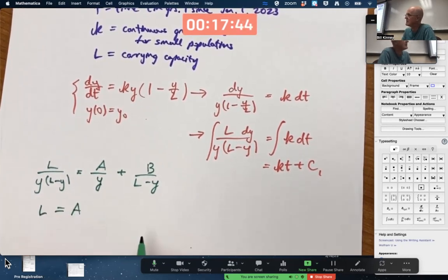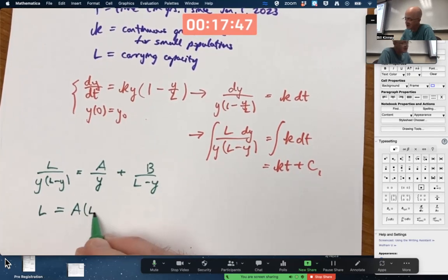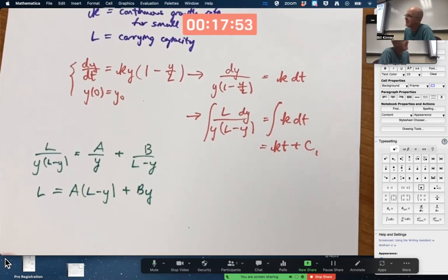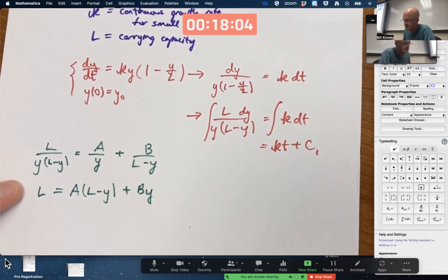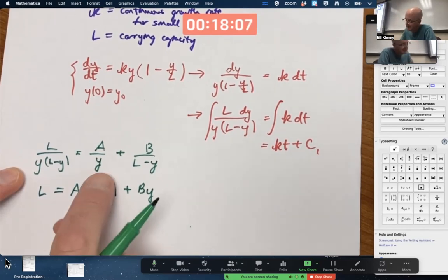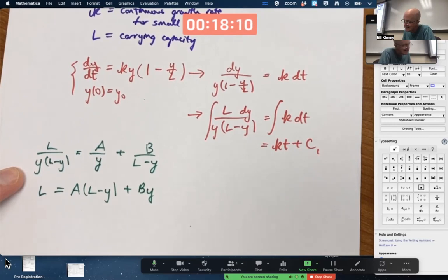I'm going to use the values of the resulting expressions after multiplication by the common denominator at y equals 0 and y equals L. So what did I do to get from here to here? I just multiplied by the common denominator of y times L minus y, getting complete cancellation on the left, just an L, complete cancellation of the bottom, partial cancellation of the bottoms on the right.